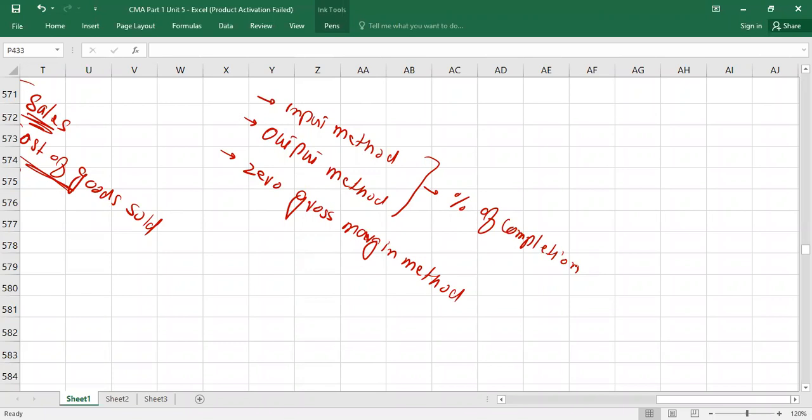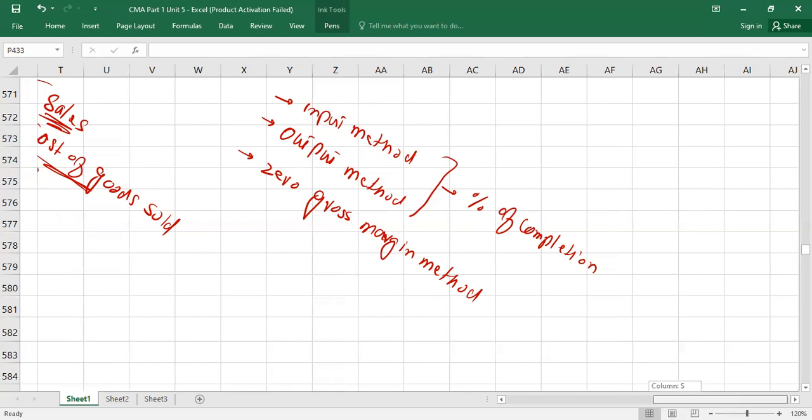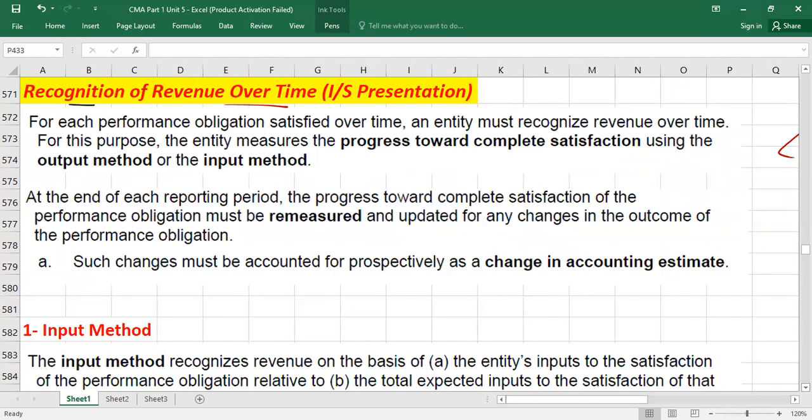If in the next year the incremental percentage is 20%, it means we will book the revenue only up to 20%. So this all is the story. You will not get it unless I show you the workings or calculations of how it works. So now I'm going to start with the input method first.